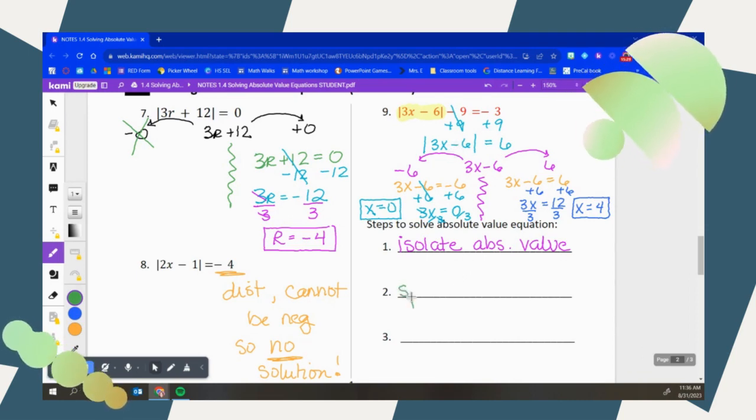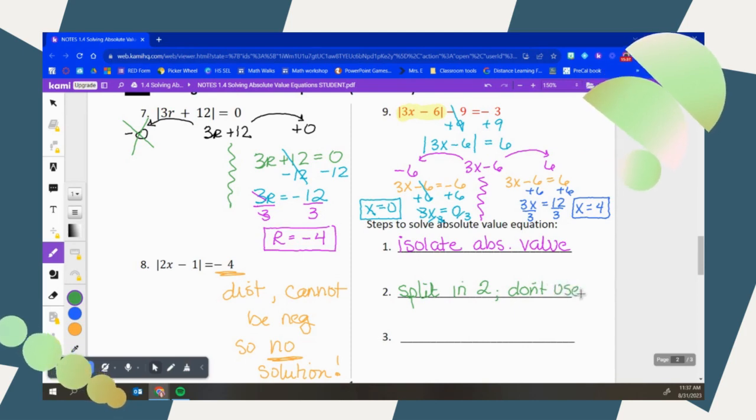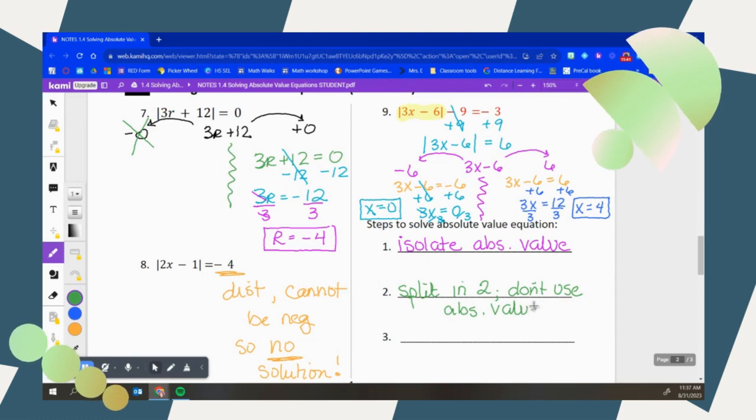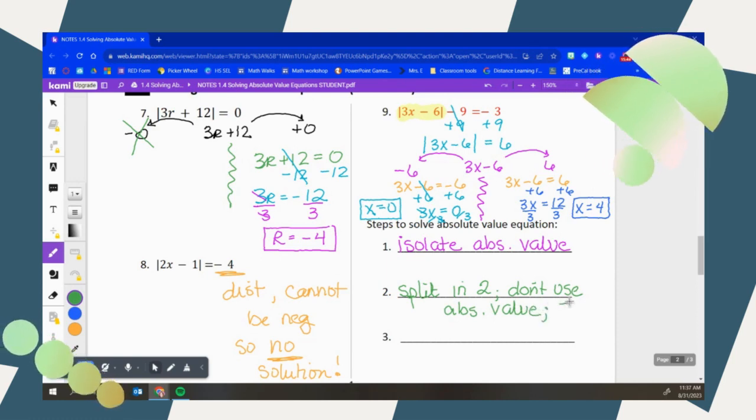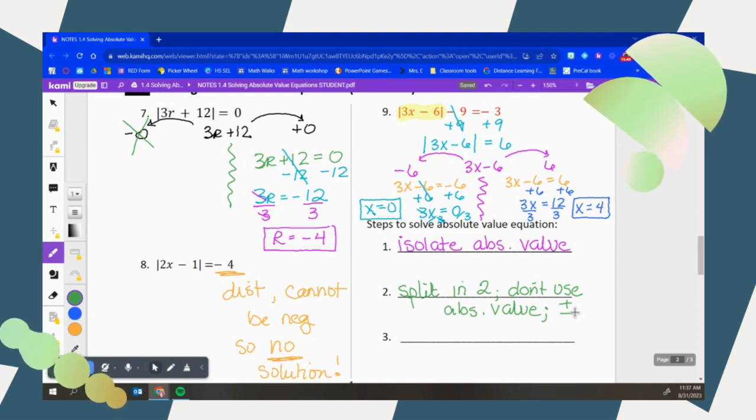So you can say split in 2. Don't use absolute value. And then I'm also going to put on there plus and minus, because remember, we're going to do a plus distance on one side and then minus distance on the other side. Does that make sense?